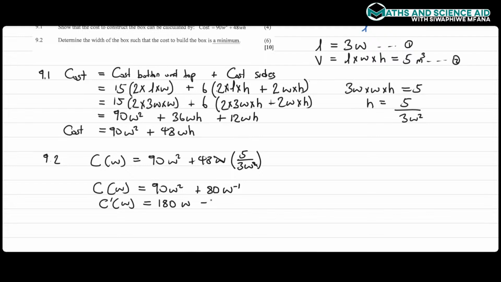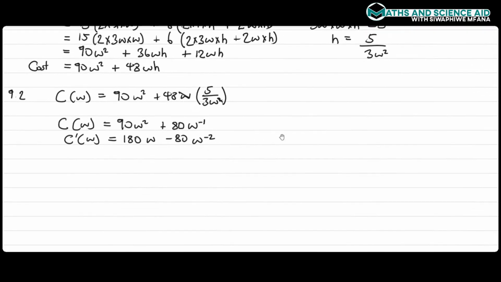And then this will be minus 80W to the power of -2. And then as usual, we set this to 0. 180W minus 80W to the power of -2.